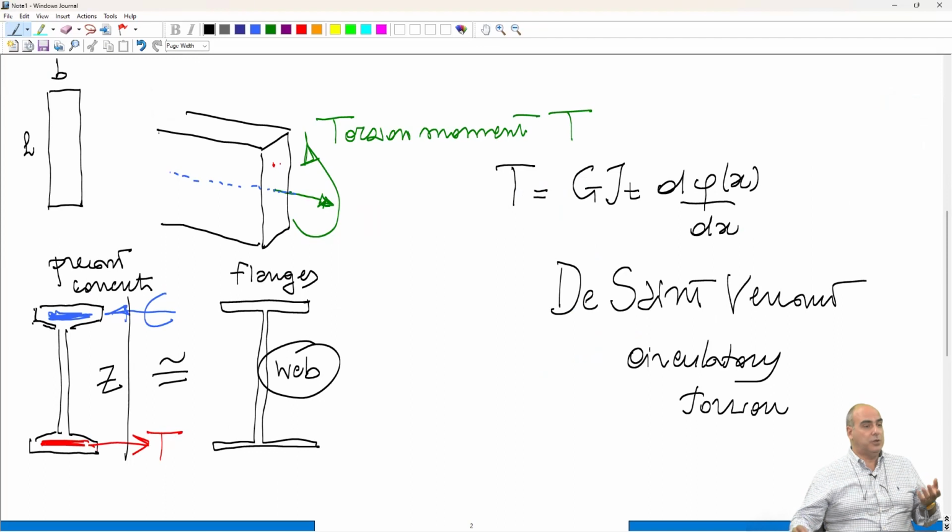It's called Vlasov torsion because the first one to realize this was a Russian engineer, Vlasov.